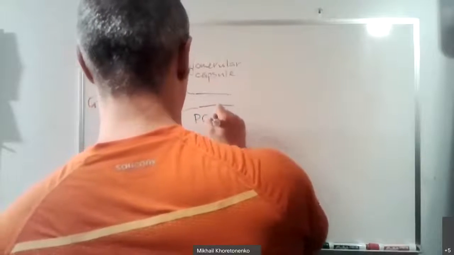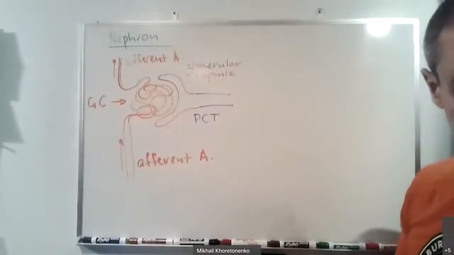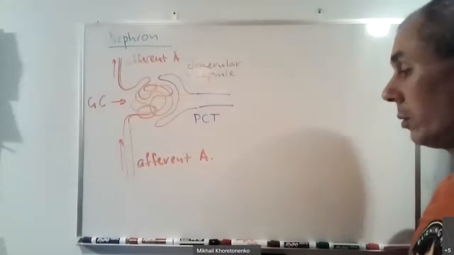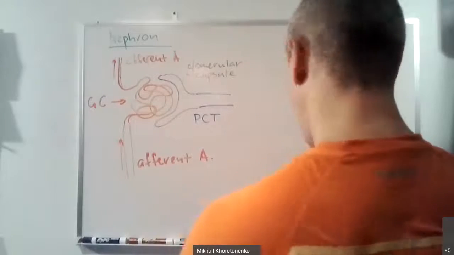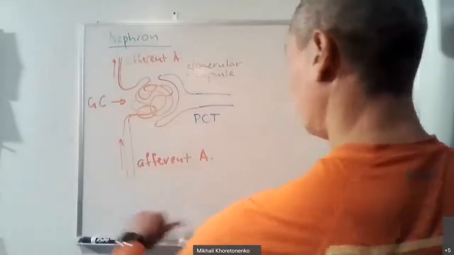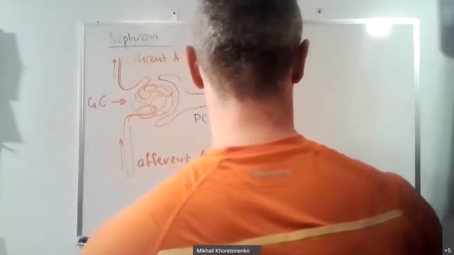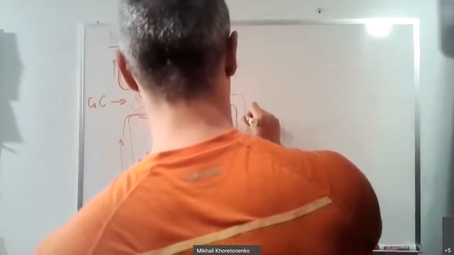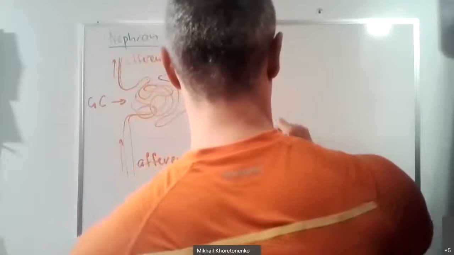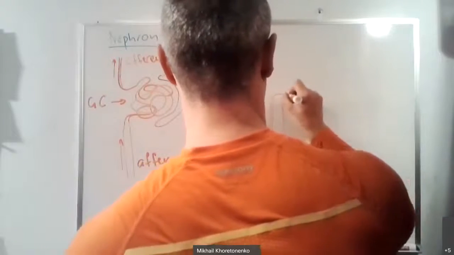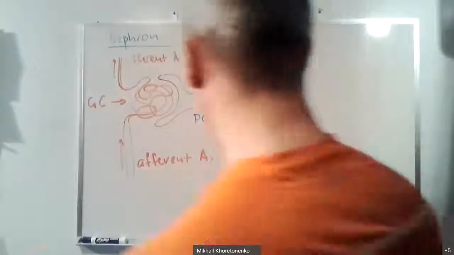So proximal convoluted tubule. From proximal convoluted tubule, it enters nephron loop. So that's nephron loop.